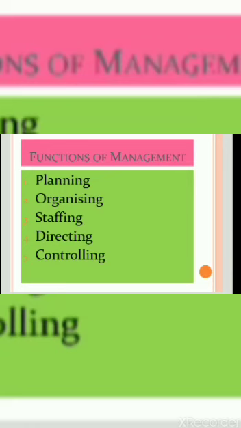Second function is organizing. After setting up of plans, the next function is to organize the activities and establish an organizing structure to execute the plan. So setting up organizational structure means deciding the framework of working.